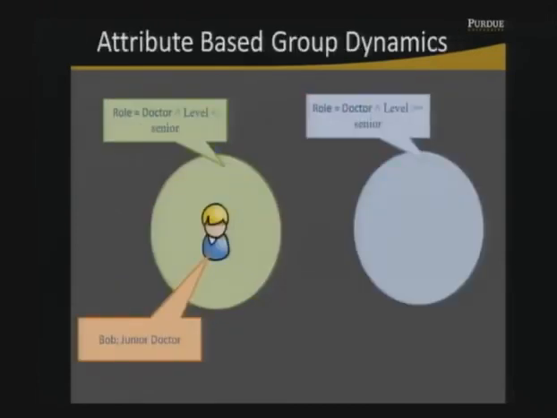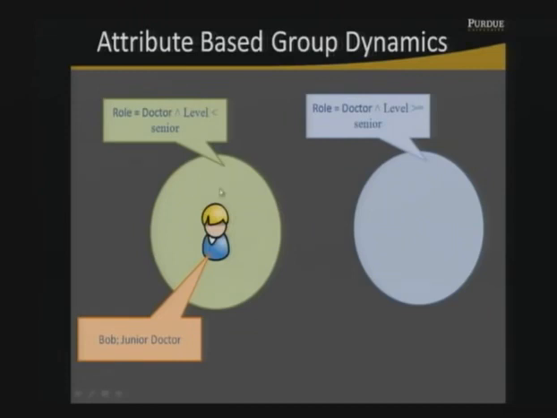So, user dynamics. As the system evolves, there might be new users joining a group or leaving a group. We call those leave and join operations. For example, even a change in one attribute could trigger both. So if you take this one, Bob is a junior doctor, and Bob satisfies this policy. Because of that, he is a member of this group.